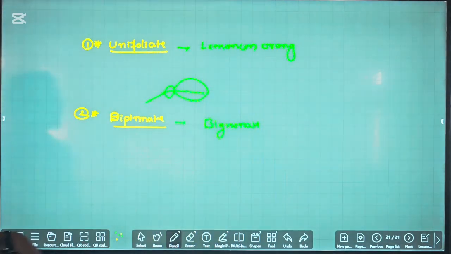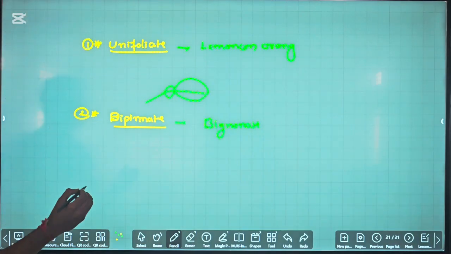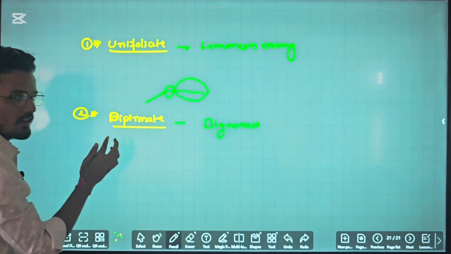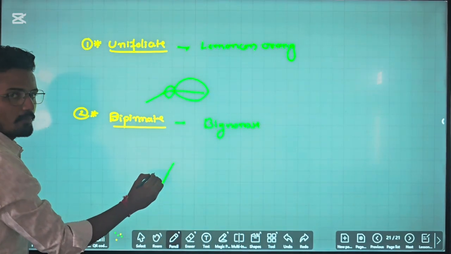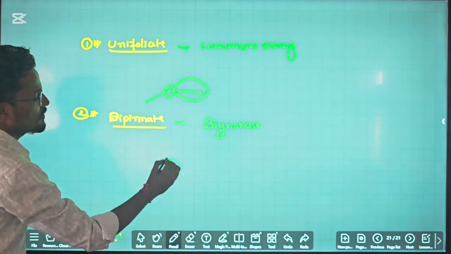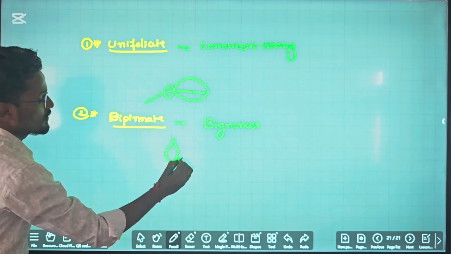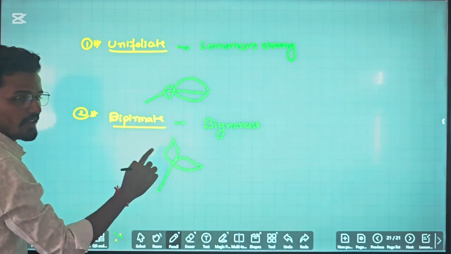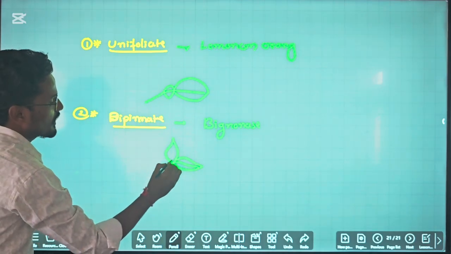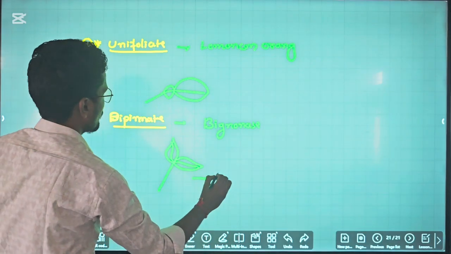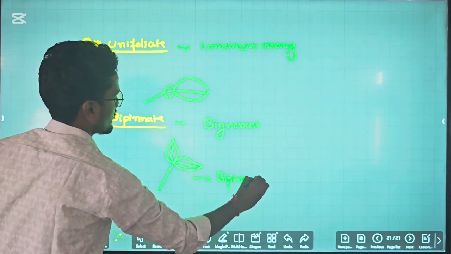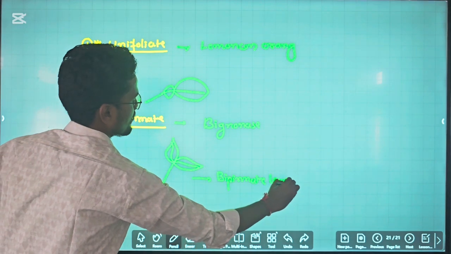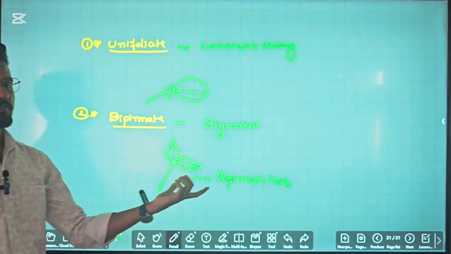When we see the leaf of Bignonia, it looks like this. Bi means two. On the tip of the petiole, two leaves with leaflets arise from a common tip. This type of leaf is called a bipinnate leaf. It comes under compound leaves only.